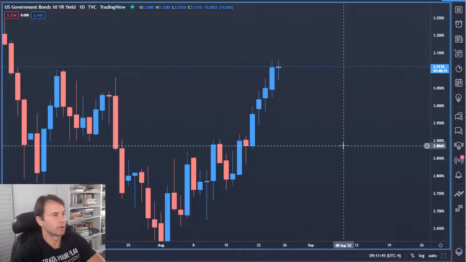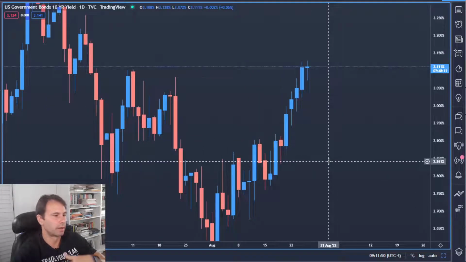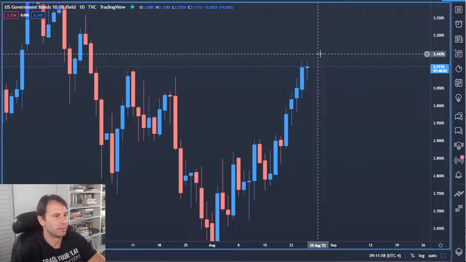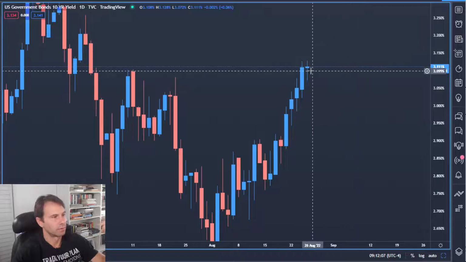Why? Because a lot of tech companies are financed, are startups, are small companies just creating new things, and they need finance. If this thing goes up, their financing gets more expensive. So investors tend to sell off when rates are going up.